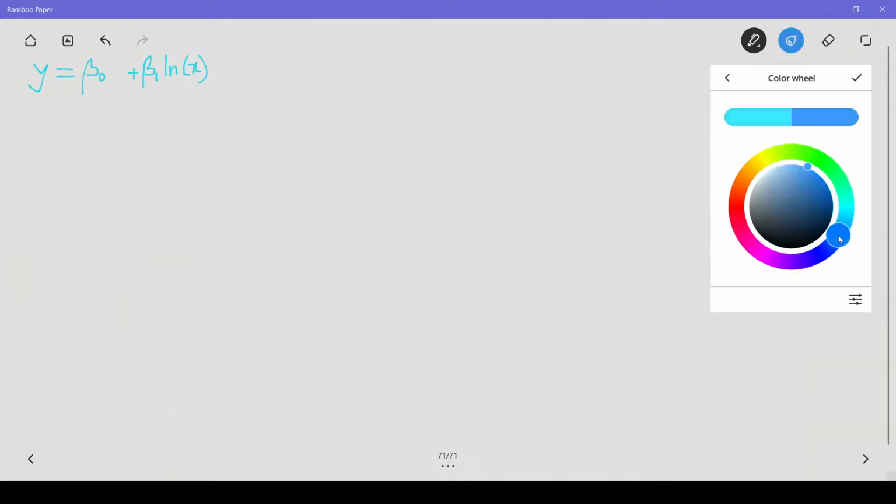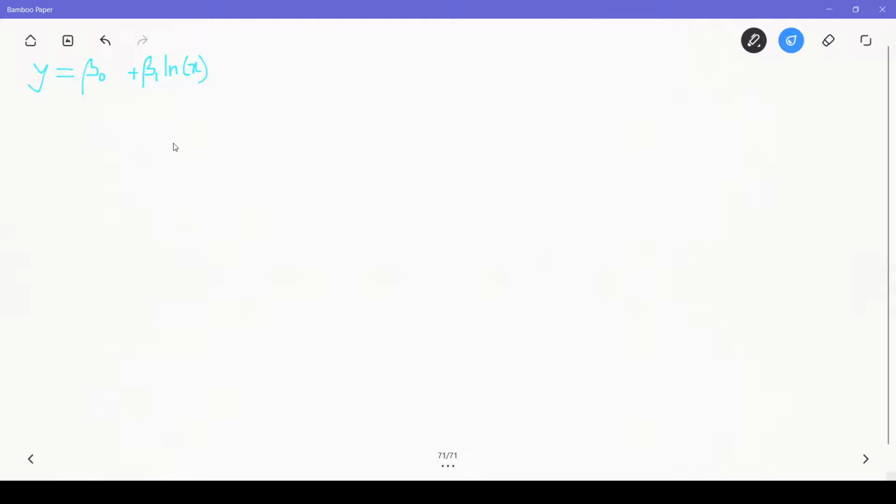So if we want to find the optimal values of the parameters, we needed to find the critical points, right? The parameter values at which the sum of the square of the residuals yields a minimum value, right? So let's try to write the sum of the square of the residuals first.